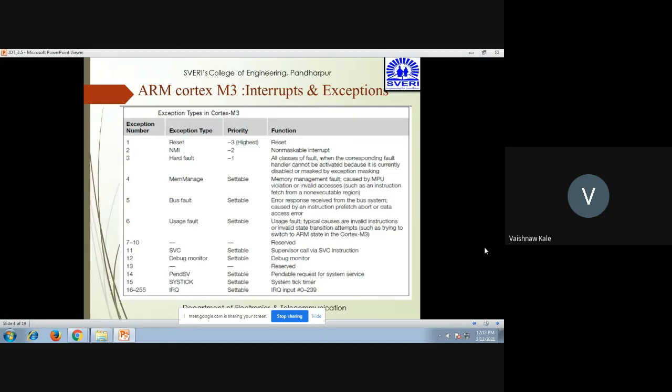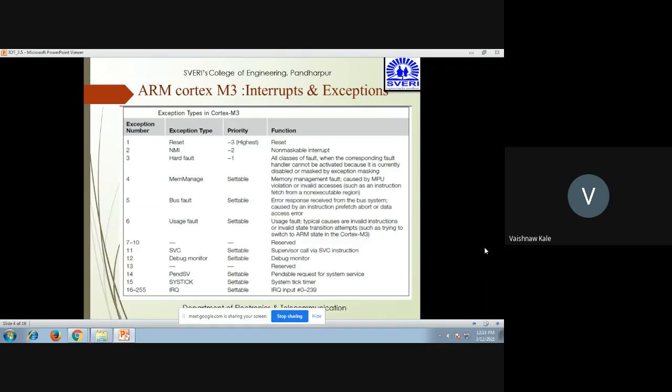Usage fault typical causes are invalid instructions or invalid state transition attempts. Then 7 to 10 are reserved. The 11th one is SVC, a supervisor call via the SVC instruction. The 12th one is the debug monitor. The 13th is reserved. 14 is PendSV, the pendable request for system service.